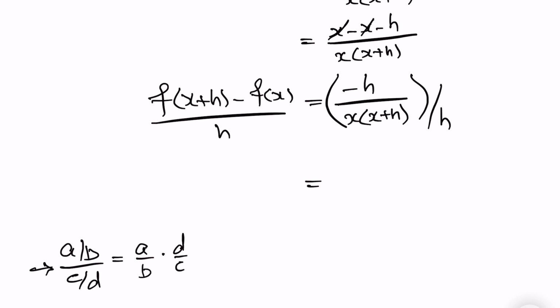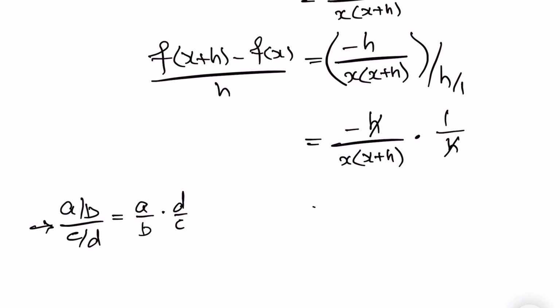That's what we are going to see here, that h is h over 1 actually. So it's going to be negative h divided by x times x plus h, times 1 over h. Now this h and this h cancel out, and your answer is negative 1 over x times x plus h.